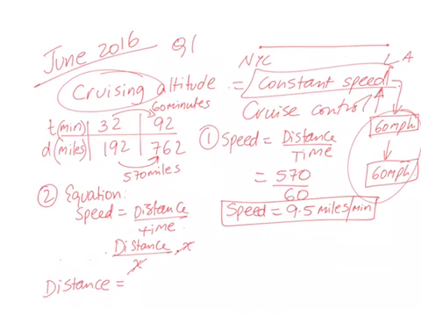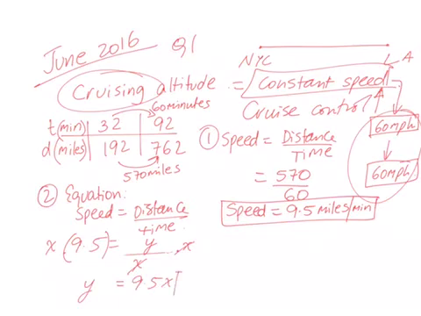We already know the speed is 9.5. The distance they've given to you is y. So let's put in y for the distance, and 9.5 for speed. Multiply by x, those cancel off. So we end up getting y is equal to 9.5x. This is our equation, the second part.